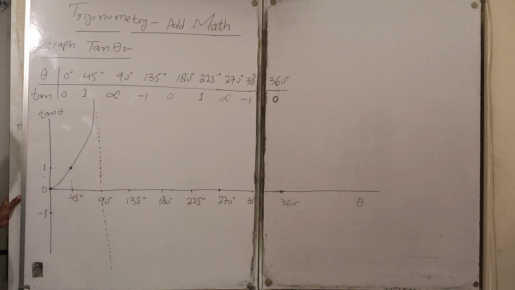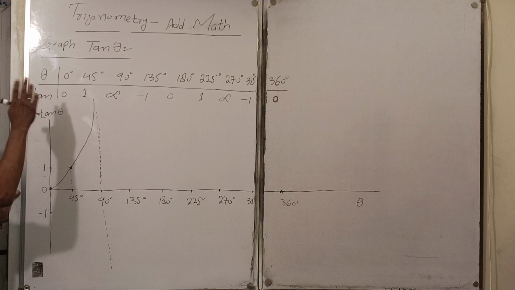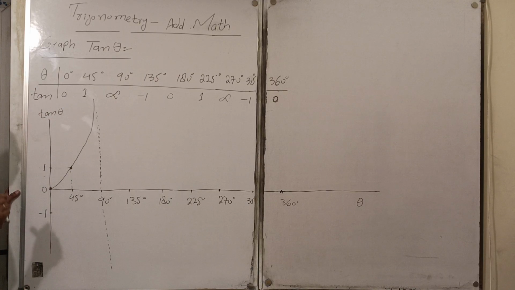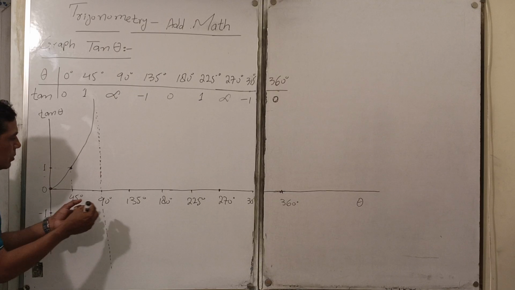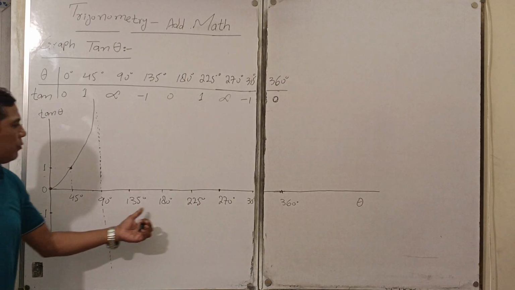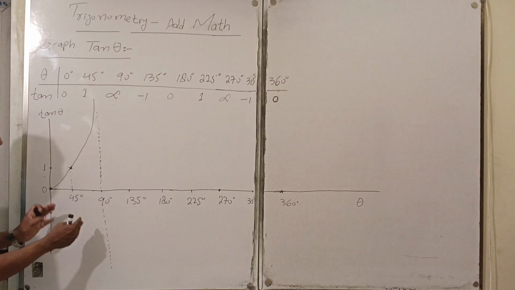Is it an asymptote? Yes, an asymptote, or it continuously goes up infinitely. We cannot decide the maximum value at 90 degrees. Clear? Why have I selected these middle values, 135 and 225?